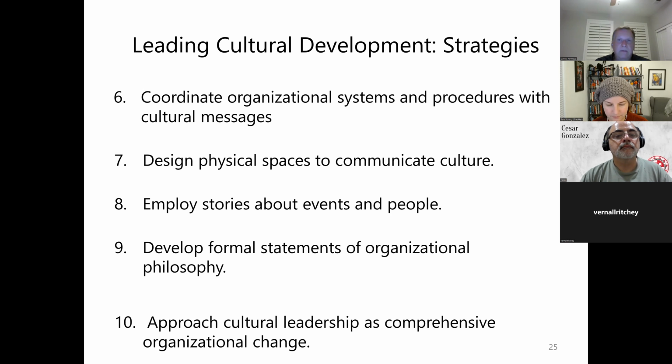Employing stories about events and people can communicate culture as well and embed culture. The formal statements of organizational philosophy can embed culture. And approaching cultural leadership as comprehensive organizational change can embed that new culture into the organization. So the moral here from a leadership effectiveness perspective is that transformational leaders, when they are able to embed new cultures into the organization and have employees accept those new cultures, are truly transforming the organization.